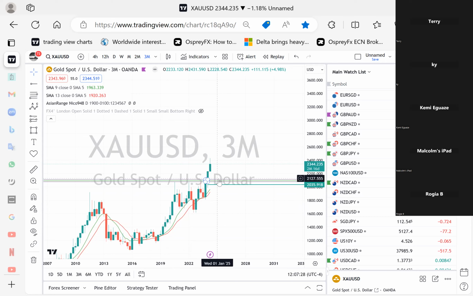What is that most recent swing high? I guess the 2013 time frame, or maybe it's 2010. This one right here, or this one. 2013. Well, put the fib on it, downwards though.